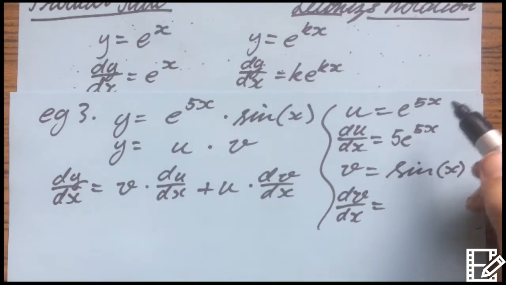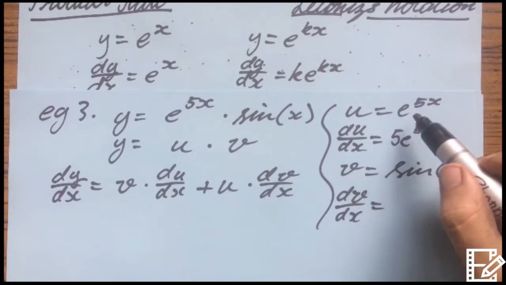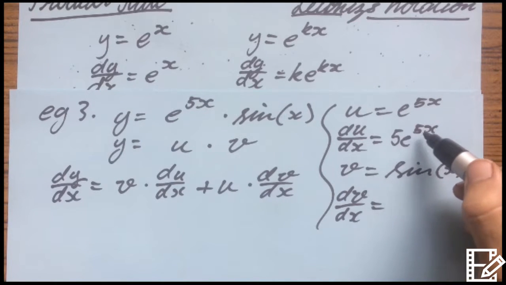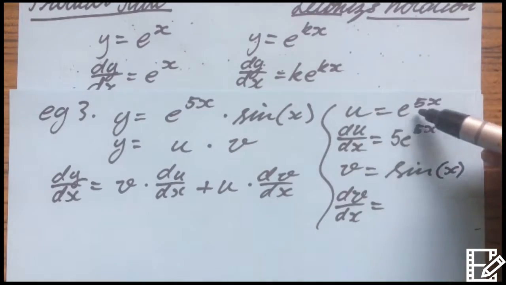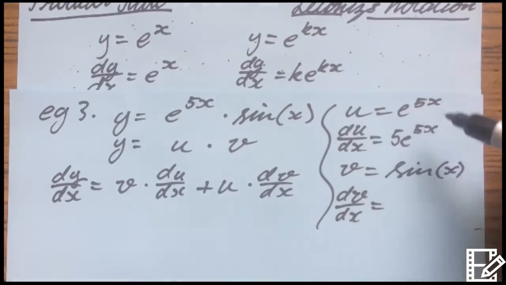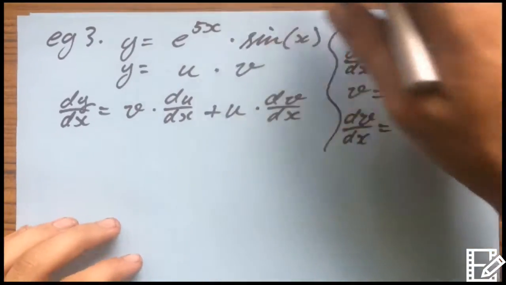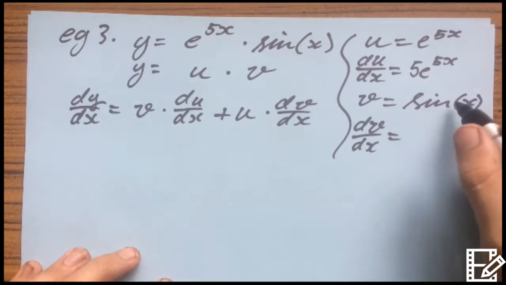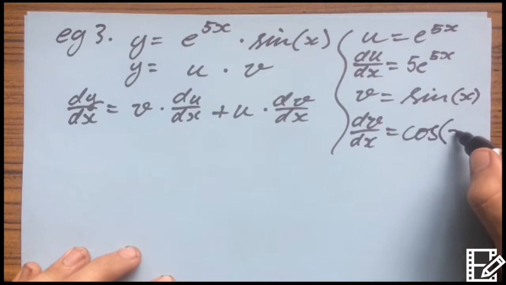Unlike usual derivatives, where you bring the power down and take one away from the original power, when you have e and you bring the number down, you keep everything up here the same. You see how there's similarities with these? Okay, and back onto this, the derivative of v being sine x, is cosine of x.